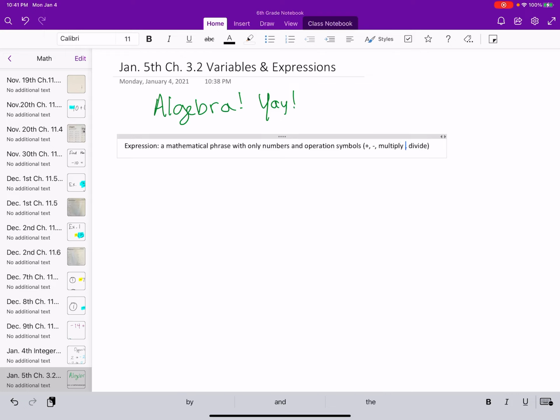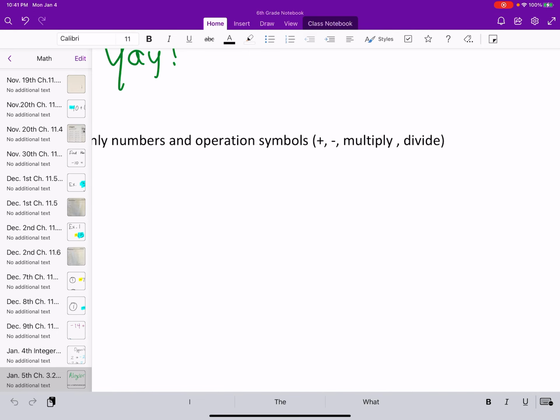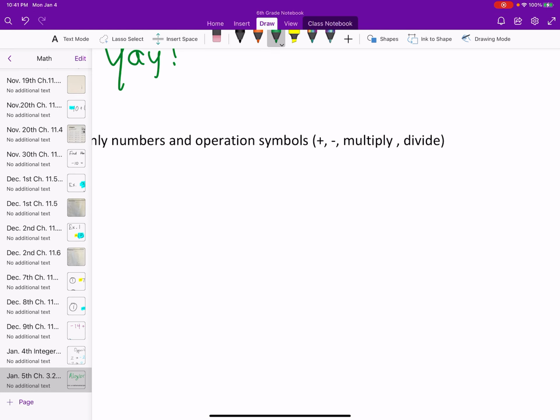When you're multiplying two numbers, I want you to start using the dot or two parentheses. No more using the X to mean multiplication. It's just going to confuse you because we're starting algebra today and we're using letters now. So don't do it.